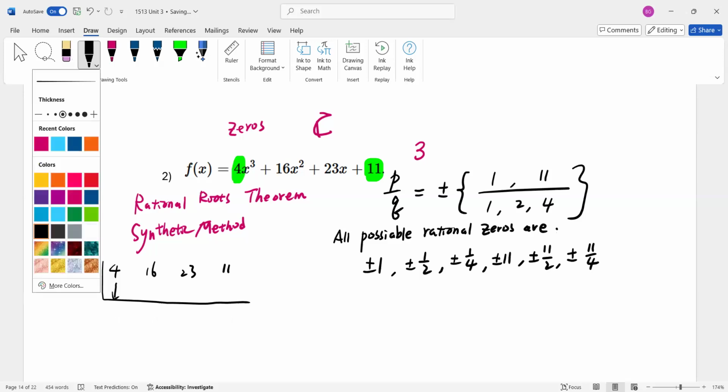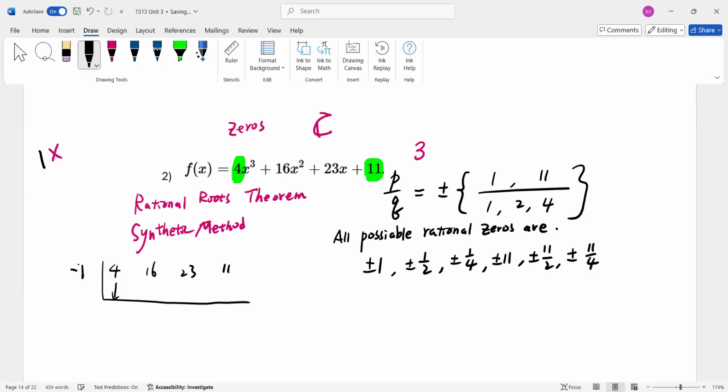Let's try -1. The synthetic method is a very fast method, even if you have a lot to check. If you can get it done very fast, it's not too bad. So now we're going to do -1. Bring 4 down. -1 times 4 is -4 here. 16 minus 4 is 12. -12. And this one gives us 11. 23 minus 12 is, hold on, 11.